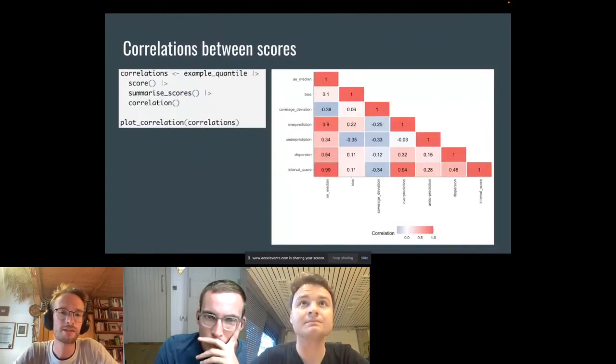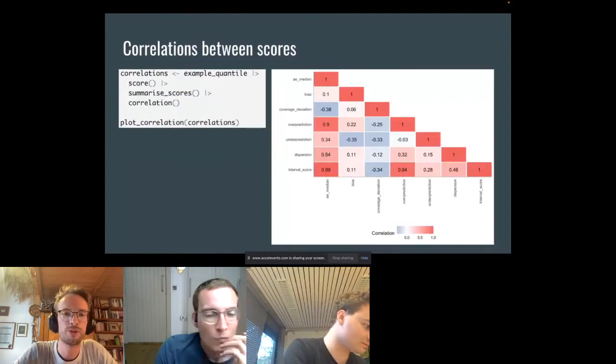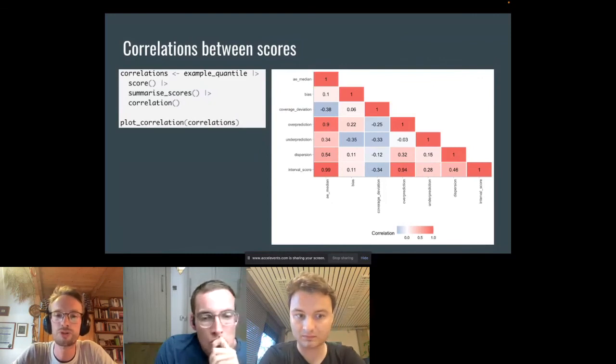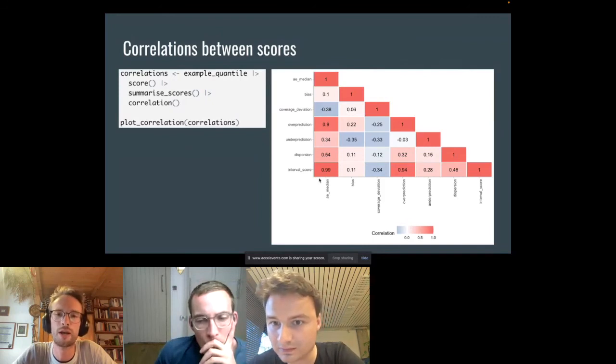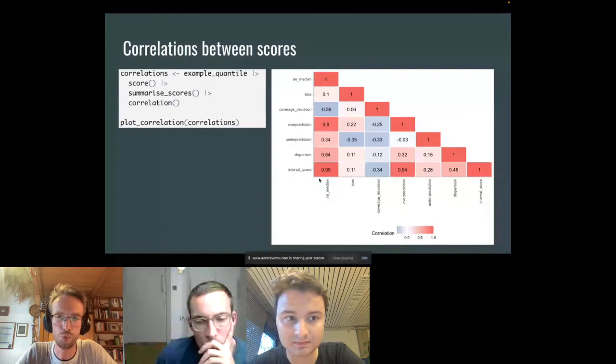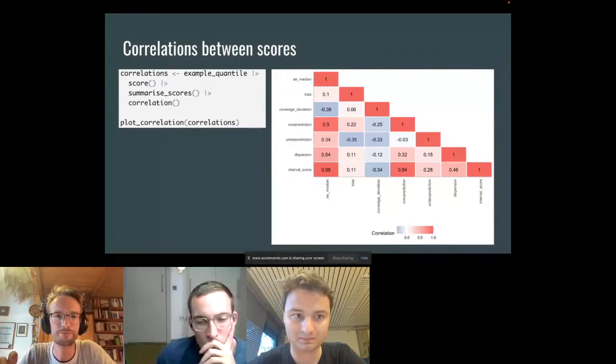And lastly, if you want to look at correlations between scores, you could also do that and see whether, for example, a good score is correlated with a lot of underprediction, to have a closer look at what models do well and for which reasons.